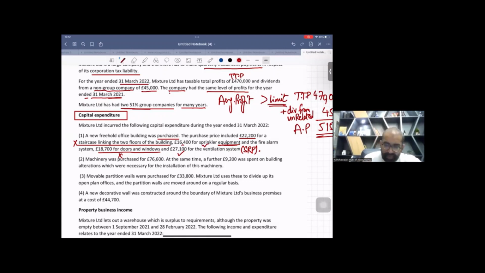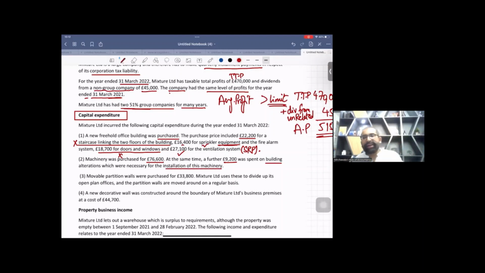The next thing, machinery was purchased for 76,600. Machinery is always part of plant and machinery, yes. At the same time, this is from an old past paper, nothing new. Quick response is needed. At the same time, a further 9,200 was spent on building alterations which were necessary to make the installation of this machinery.